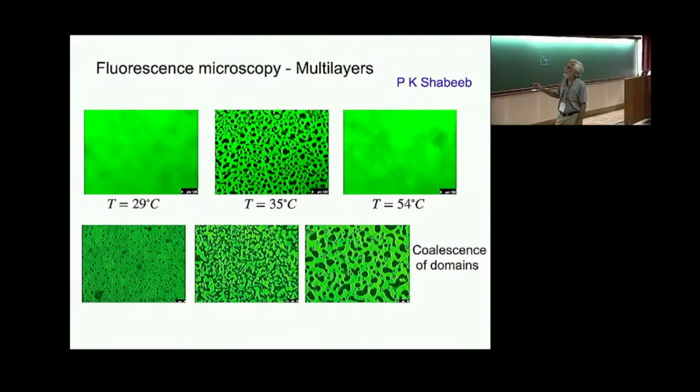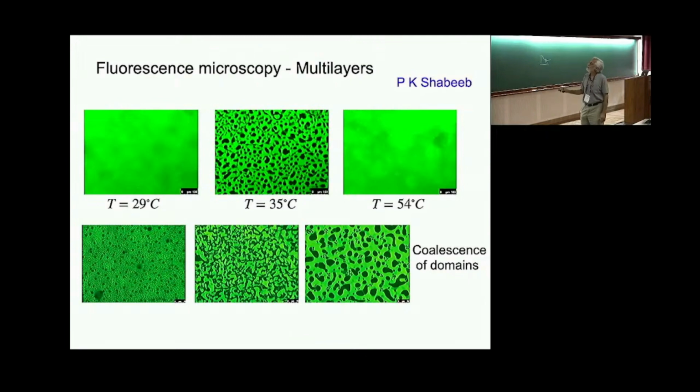And again, at low and high temperatures, you find that you have a uniform phase, whereas in between you see these domains. That means there is phase separation, and also that the domains in different bilayers come together and stack up, so there is some kind of attractive interaction between these domains in different bilayers.